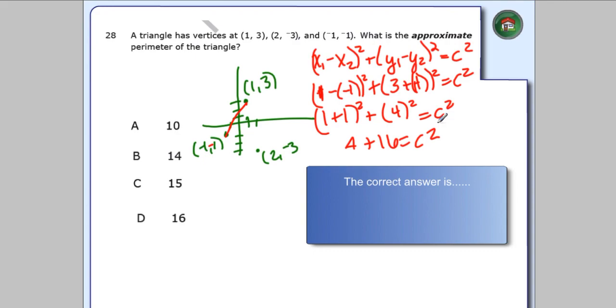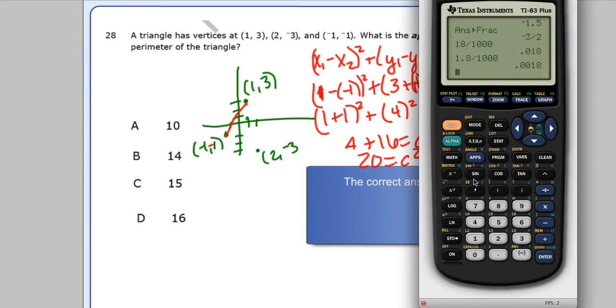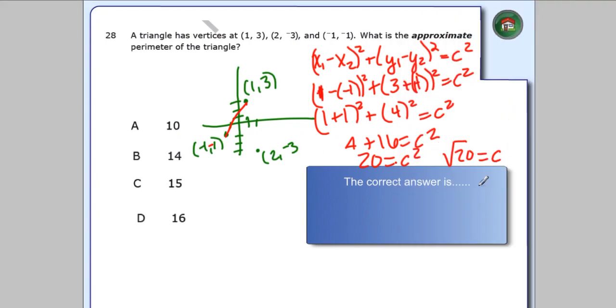If this is 20, you would need the approximate value, so you would take the square root of 20, which is going to be 4.47. And you do that all the way around. So that is the distance of this one.